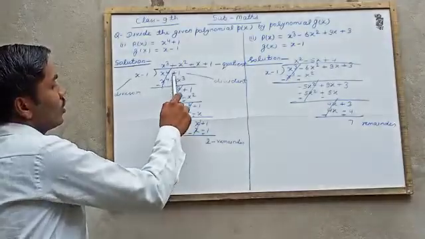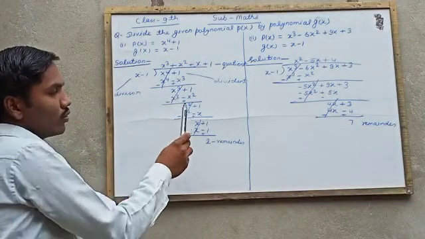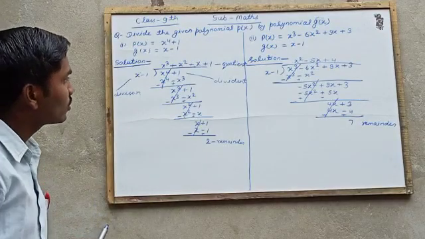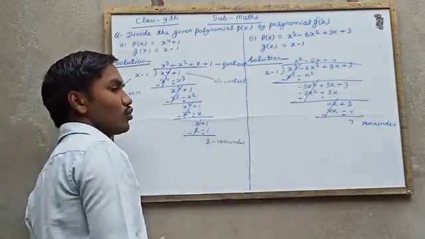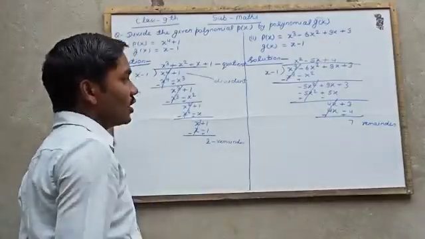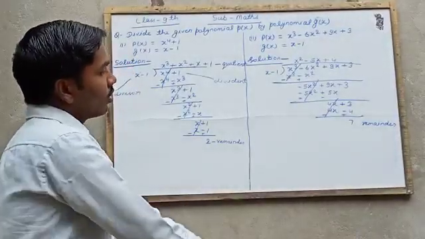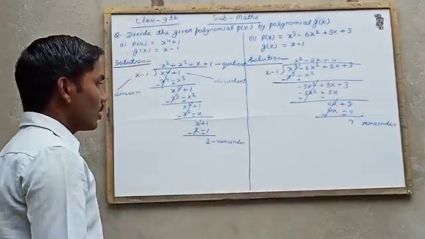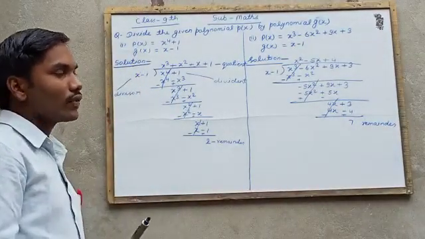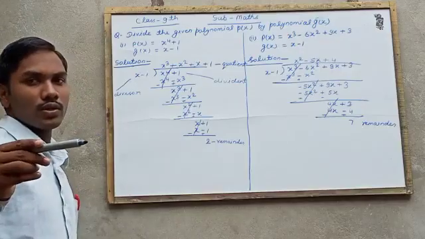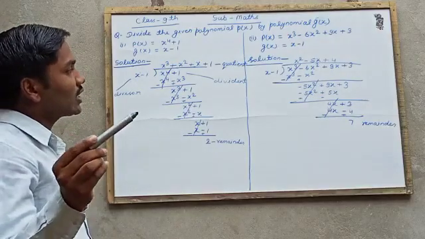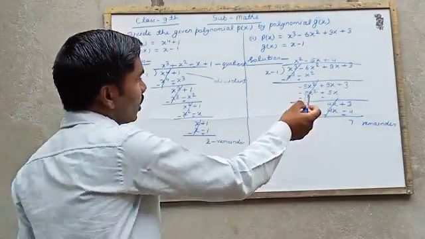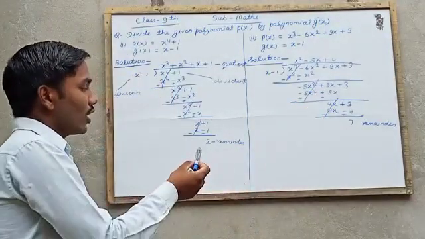Here also you see that in every step one term is eliminated, and in this question also one term is eliminated. So at last we get some remainder, or if the division is exact, the remainder will be 0. But here there are remainders in both cases.